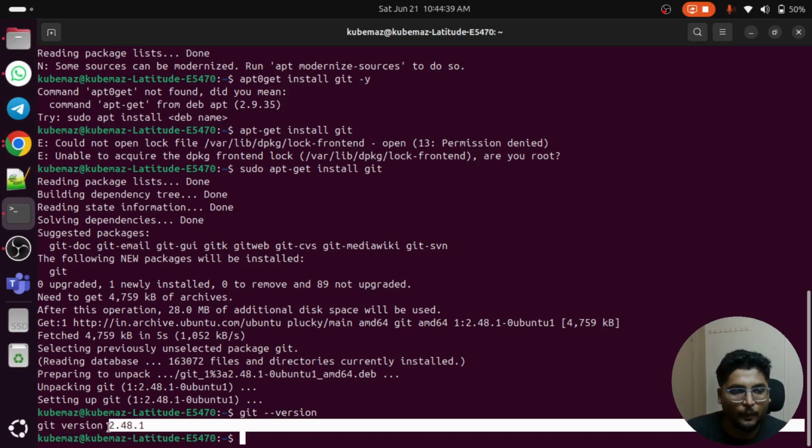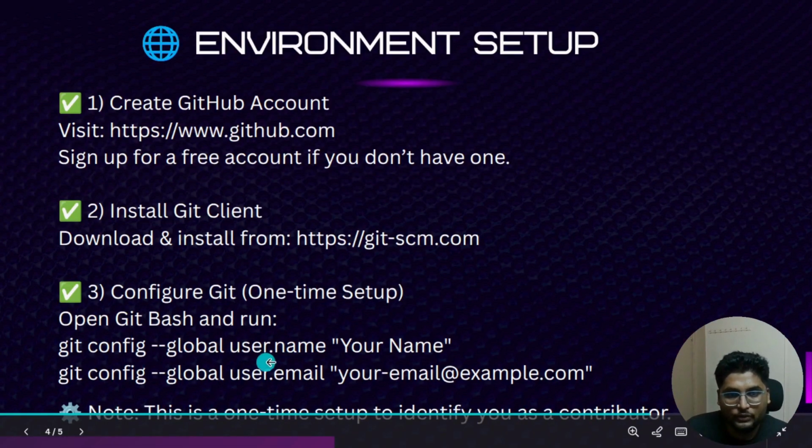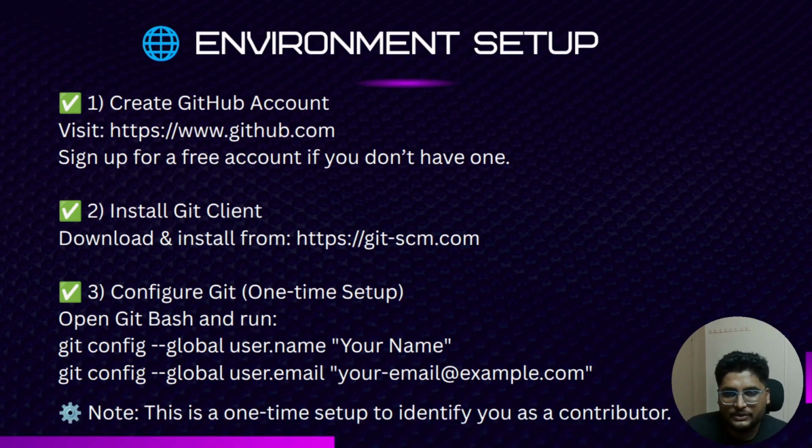Now it's properly installed. Next, run git config --global user.name with your GitHub username. Then execute git config --global user.email with the email ID of your GitHub account. This is a one-time setup.